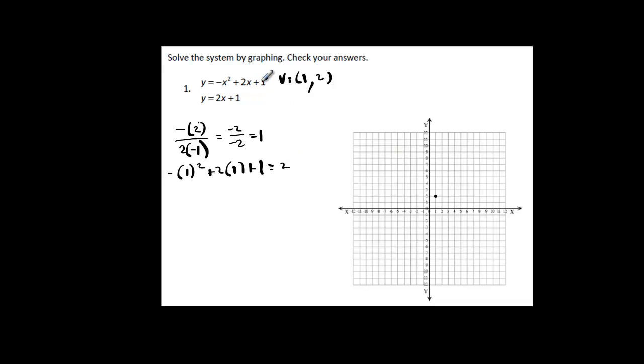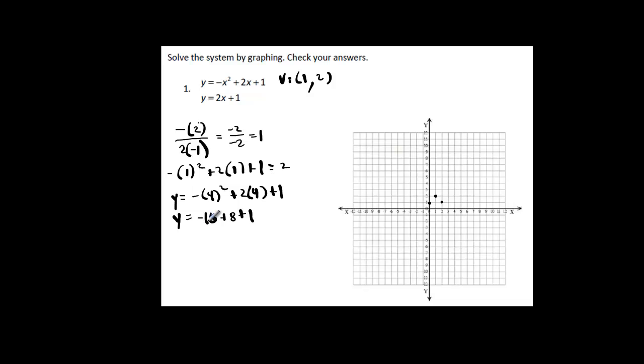The y-intercept is going to be at 1, so I can put that there and the point of symmetry right here. Can also choose another point. Let's try 4. So y equals negative 4 squared plus 2 times 4 plus 1. So 4 squared is 16, negative 16 plus 8 plus 1.